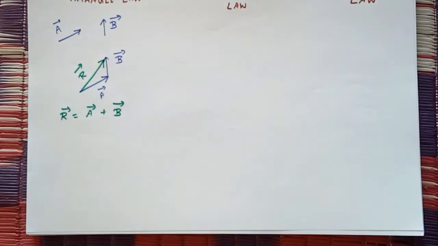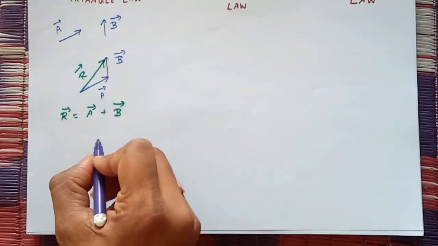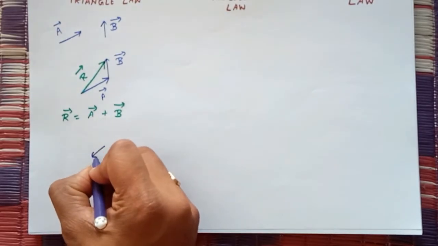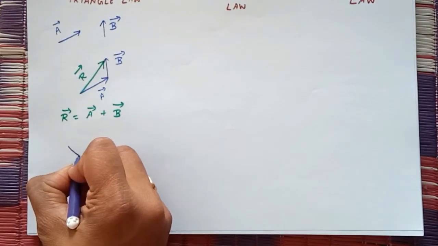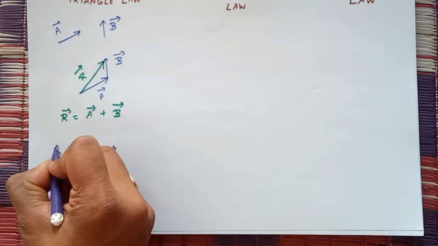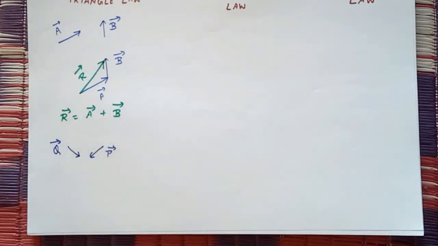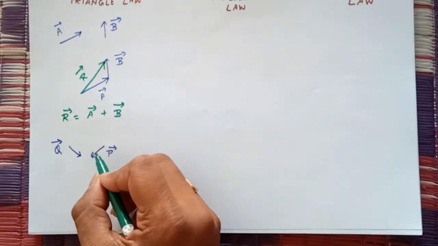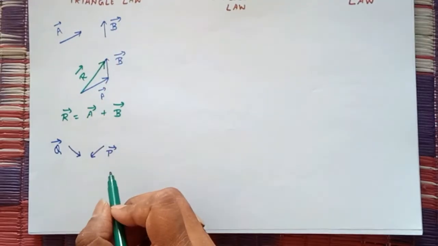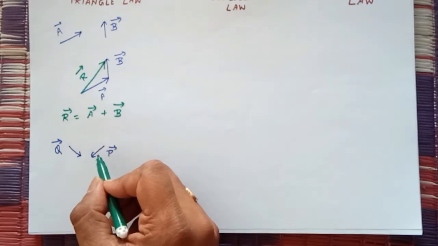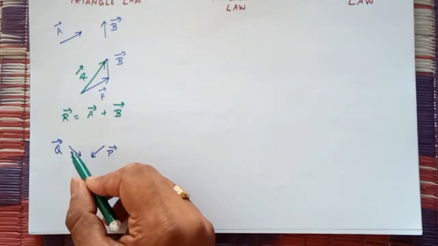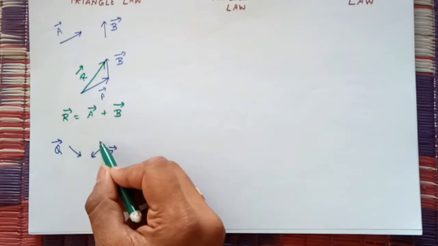One more example of it. Let this is P vector and this is Q vector, and I want to find their addition. By using the triangle law, what I can do, I can shift any of the two vectors. I am shifting Q vector from here to here.